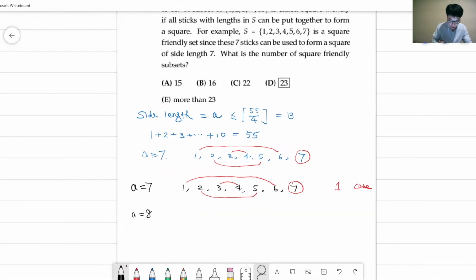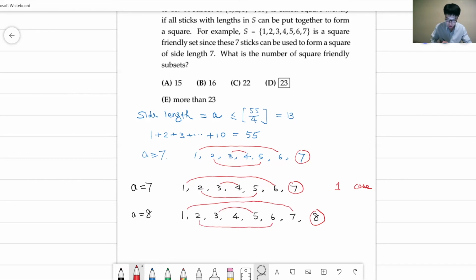If the side length is 8, let's see how many ways we can add certain numbers to get 8. The largest number we can use is 8. We don't need a number larger than 8 because we just need a sum equal to 8. So 8 itself, and 1 plus 7 is 8, 2 plus 6 is 8, 3 plus 5 is 8.